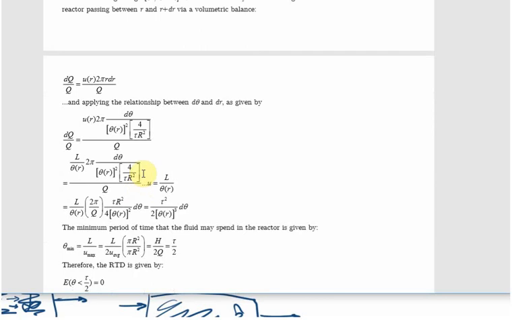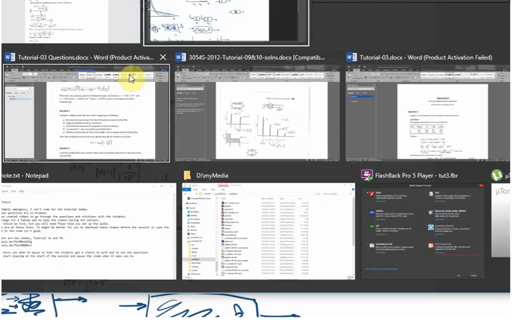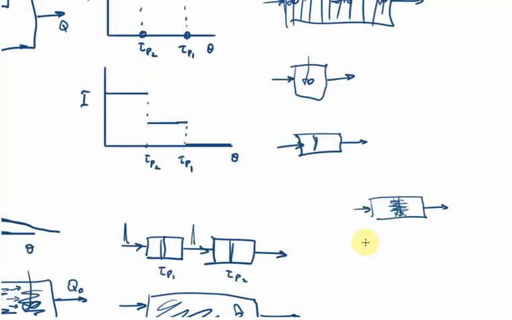And the reason we are doing this is because we want to know what fraction of the fluid is spending a particular period of time there. So just to explain that a bit more, we can take our tube like so, and here, if that's the center line, we can choose a certain radial position.